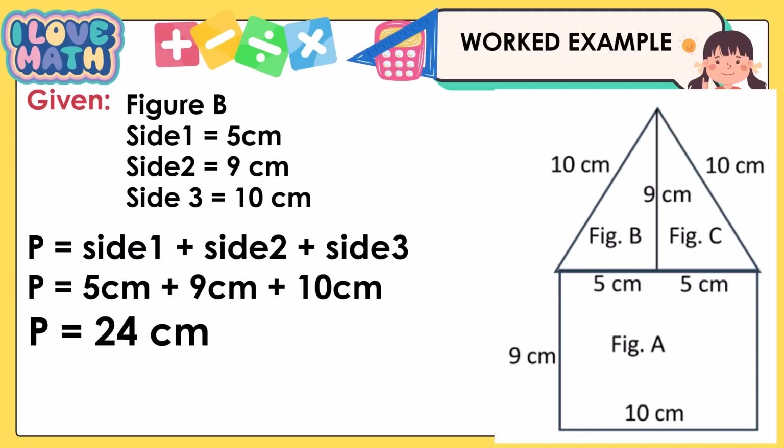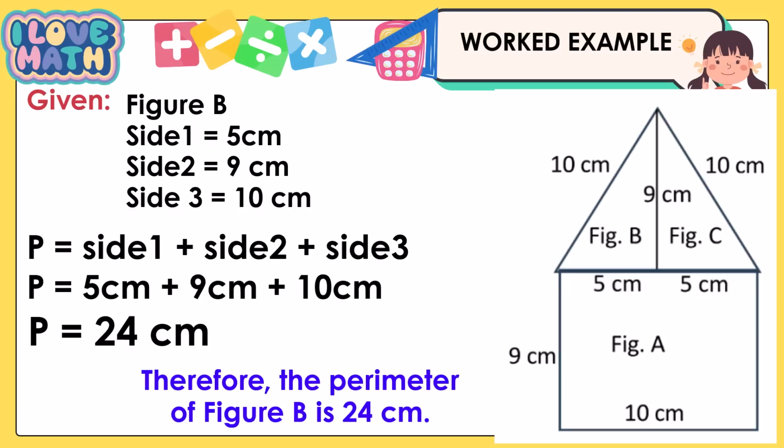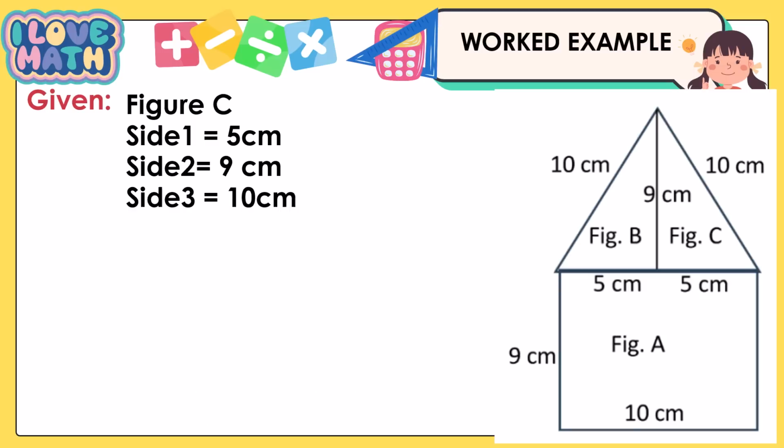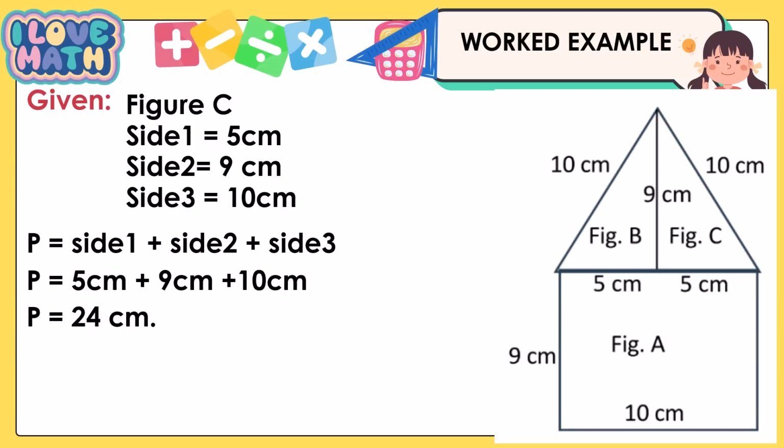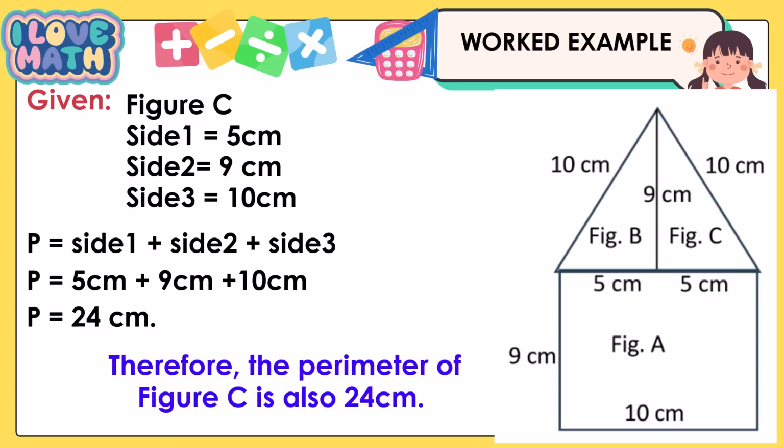P equals 24. Therefore, the perimeter of figure B is 24 centimeters. Figure C. P equals 5 cm plus 9 cm plus 10 cm. P equals 24 cm. Therefore, the perimeter of figure C is also 24 centimeters.